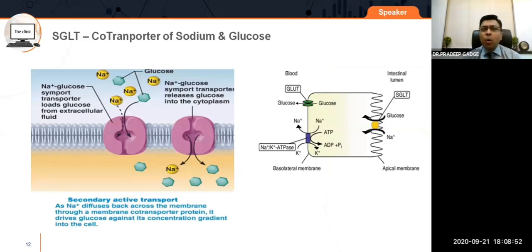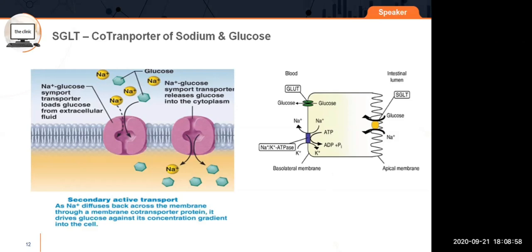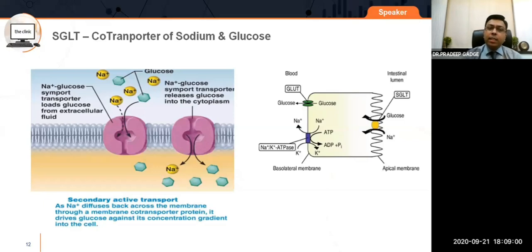So see, this is how SGLT works. This is SGLT2. See the way this carrier protein, I hope the cursor is seen. This is a carrier protein and glucose can diffuse only with sodium, and the shape of the carrier protein changes to accommodate both the molecules.